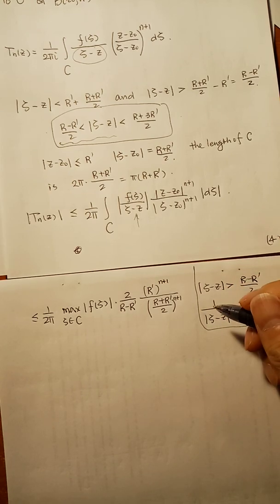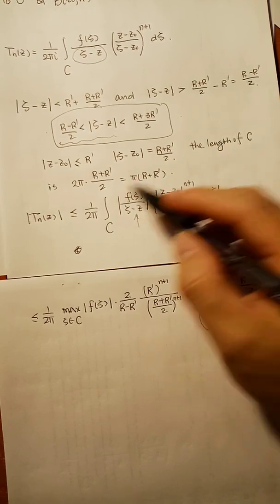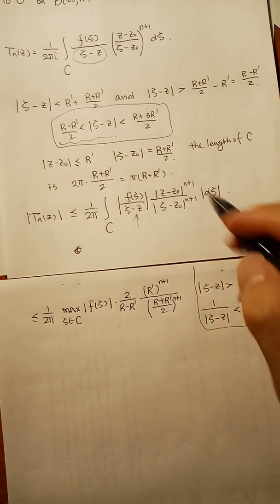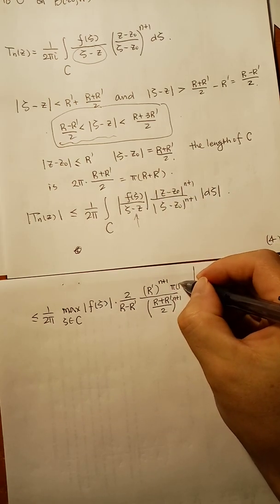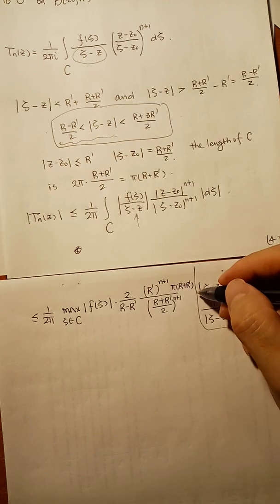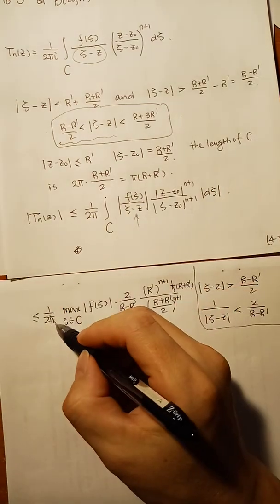Okay, and what else? And this, the length of the circle. The length of the circle is pi times r plus r prime. Okay, and let's simplify it. So you have a pi, you cancel with a pi.